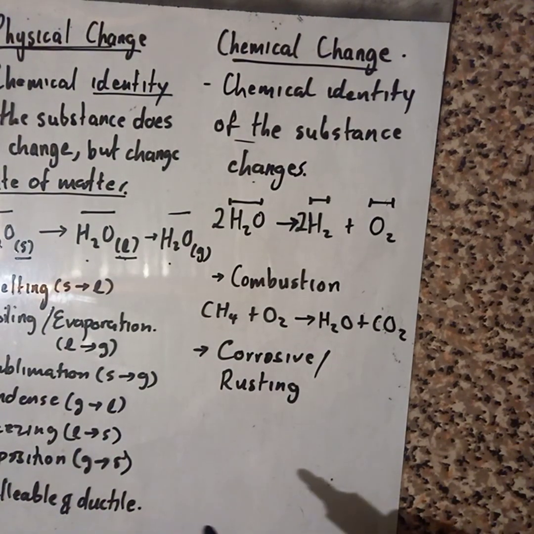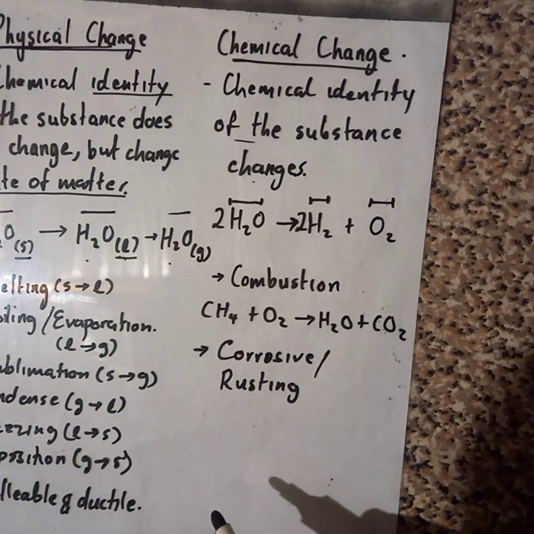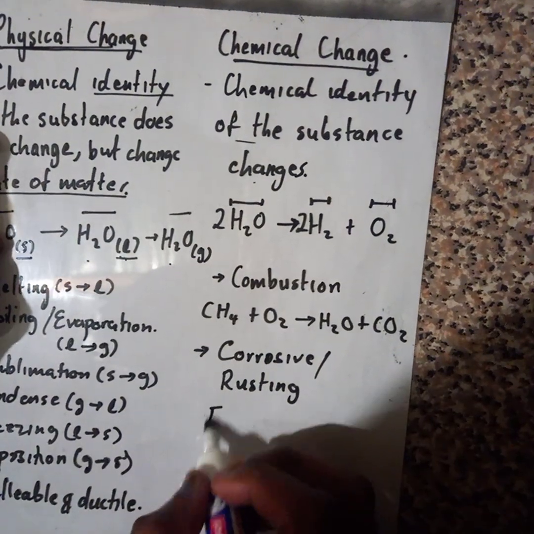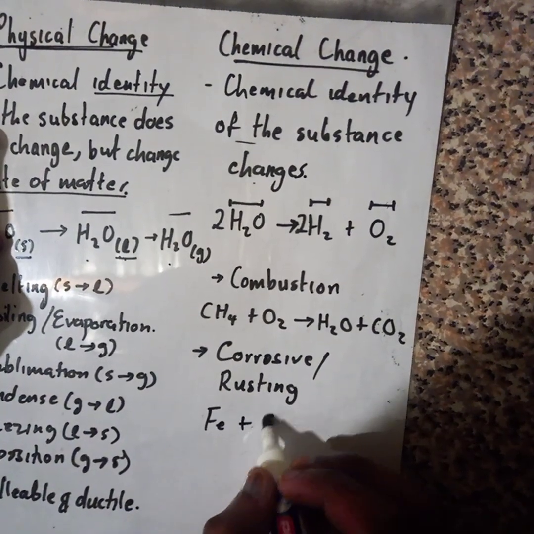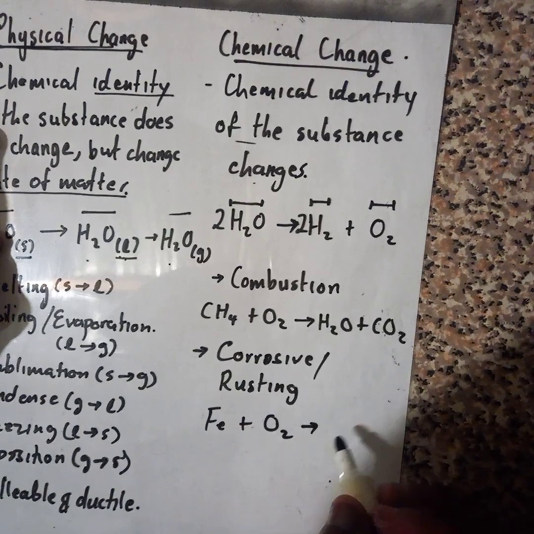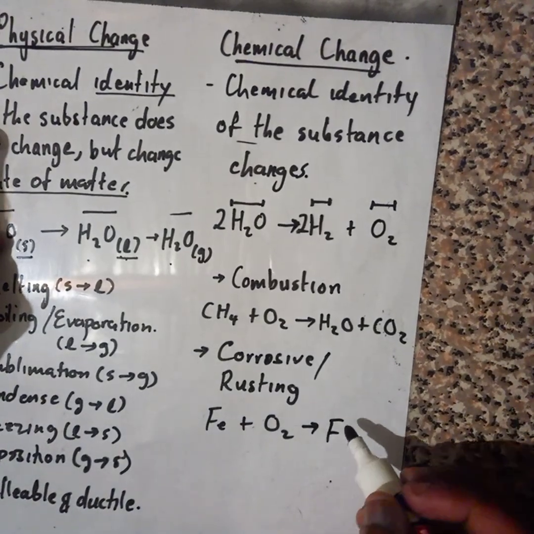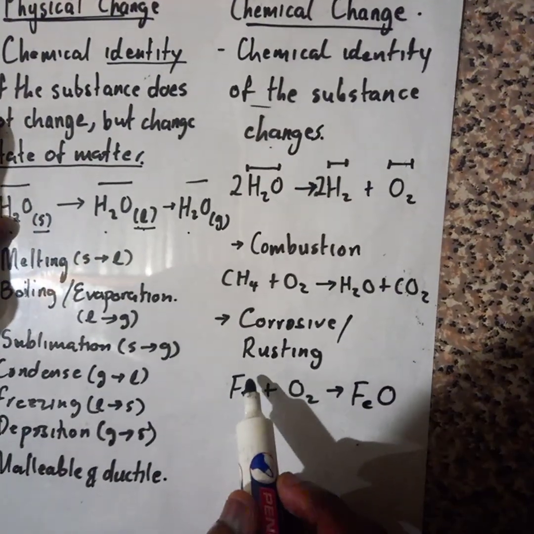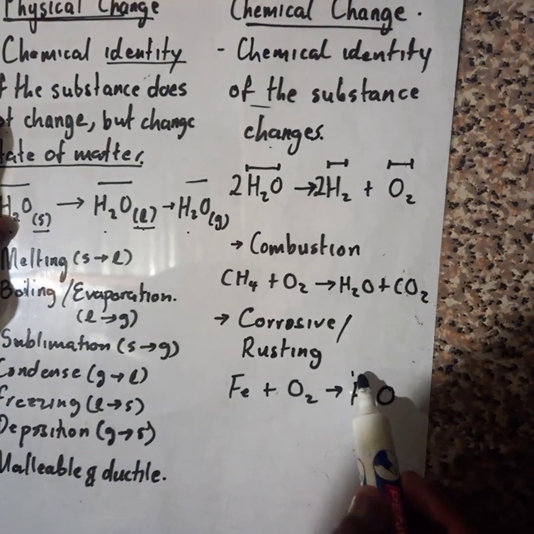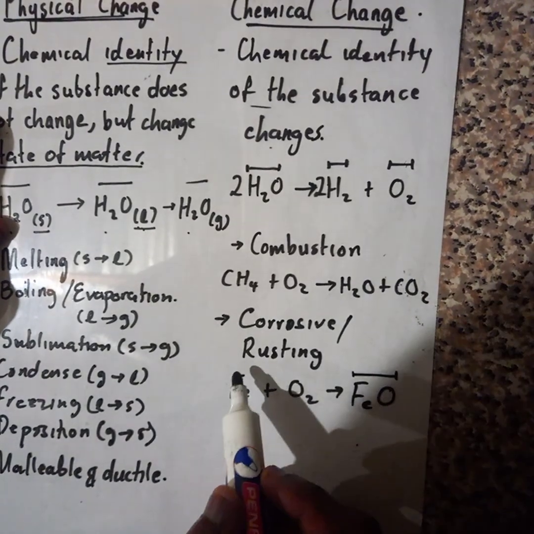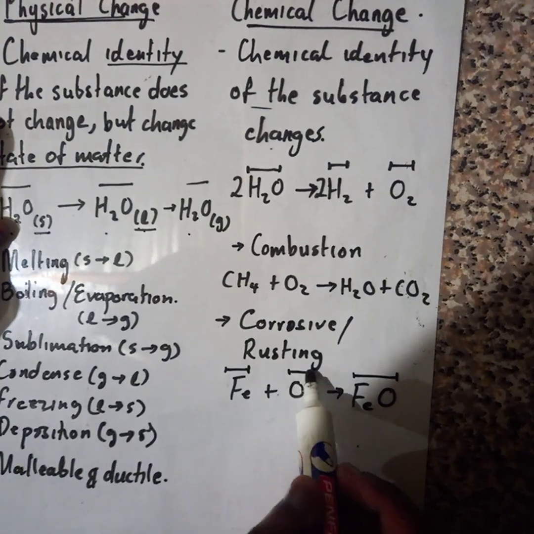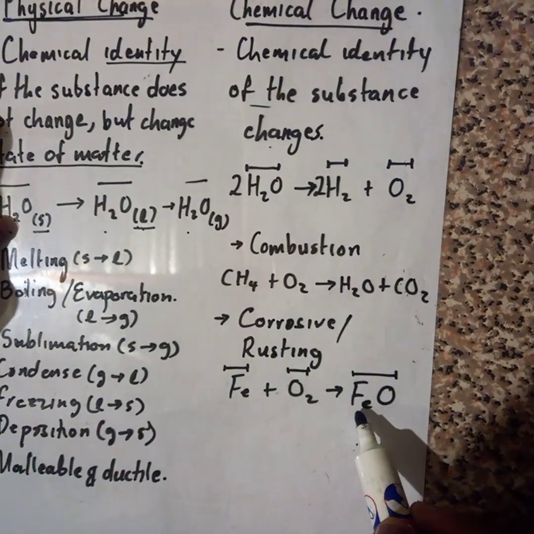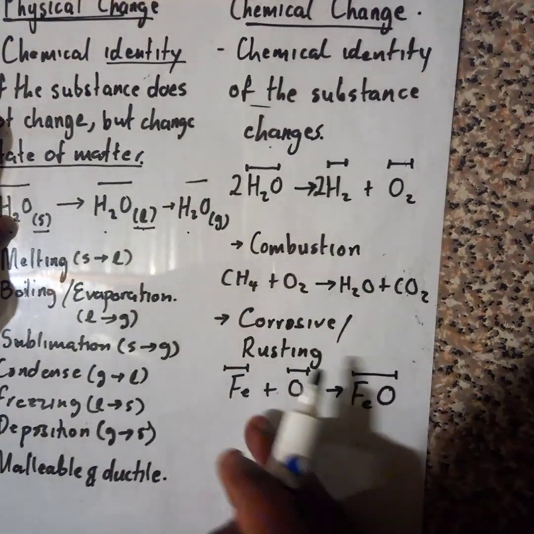An example I might use is when we consider iron reacting with oxygen; at the end of the day we are going to get iron oxide. We can clearly see that this compound is totally different from each of these. We have iron, we have oxygen, but on our right hand side we have iron oxide. They are totally different.